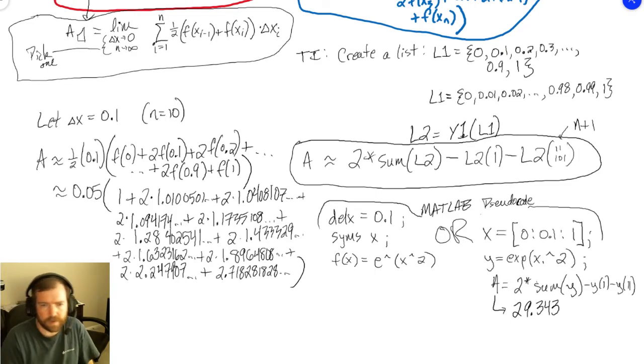Let me see. If we had done, let's say, Sims, let's do capital X. It's not a thing. Yes, it is. Okay, cool. F of capital X is equal to exp parentheses capital X squared. Okay, that worked.